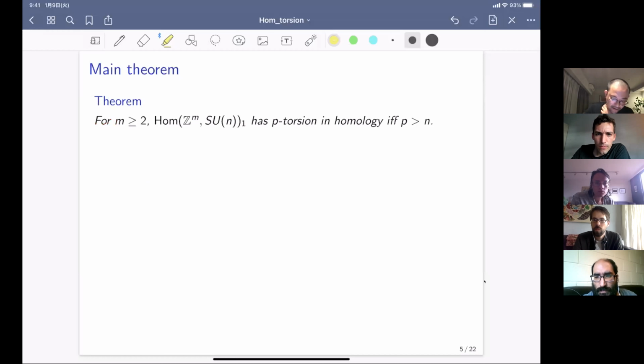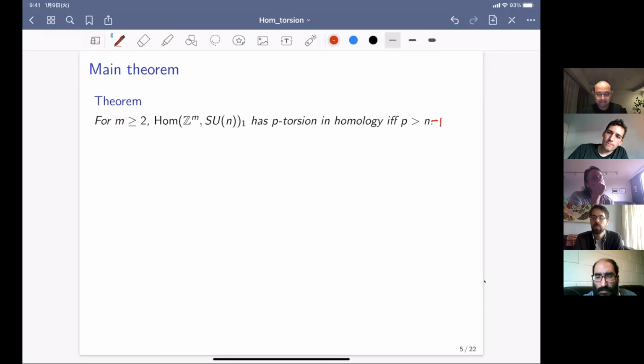Sorry, this is wrong. Sorry, this is n-1. The Weyl group of SU(n) has order n factorial. So this says that Hom(Z^m, SU(n))_1 has all possible p-torsion in homology.